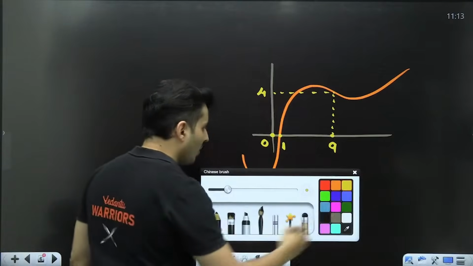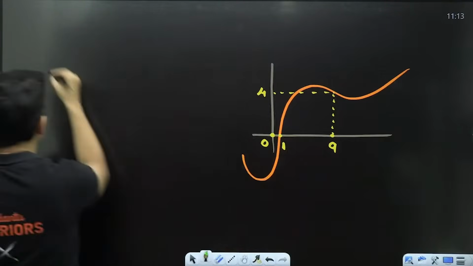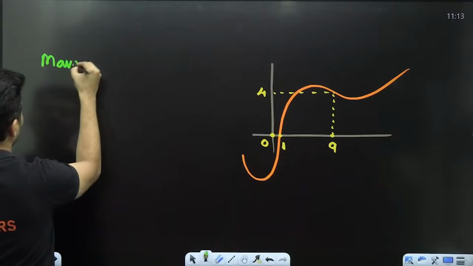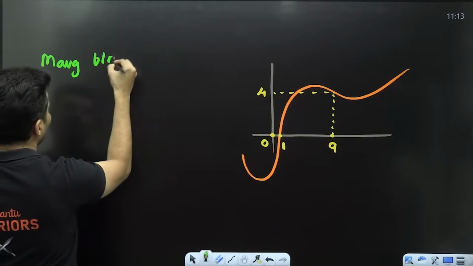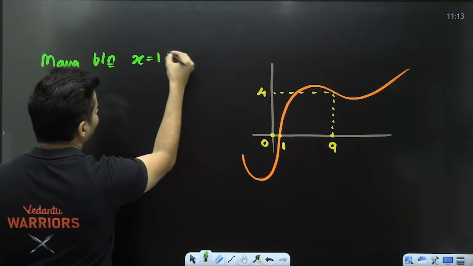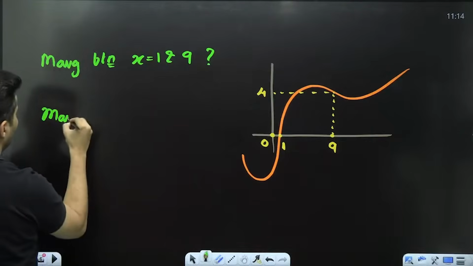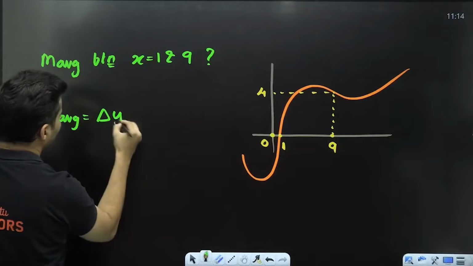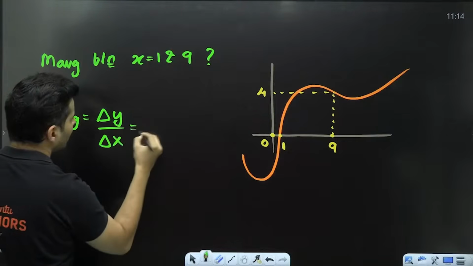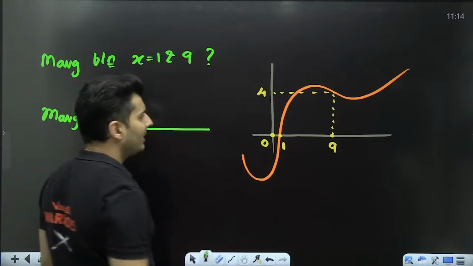If I ask you what is the average slope between x equal to 1 and 9, what is your answer? Let's try to find out. The average slope formula is delta y by delta x. What is delta y and what is delta x?